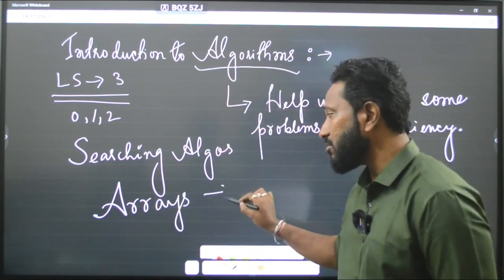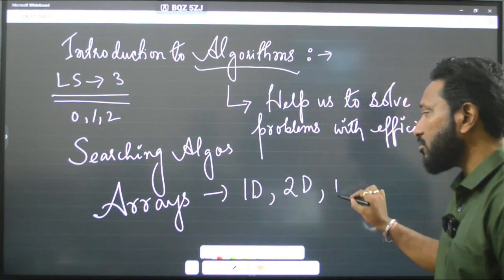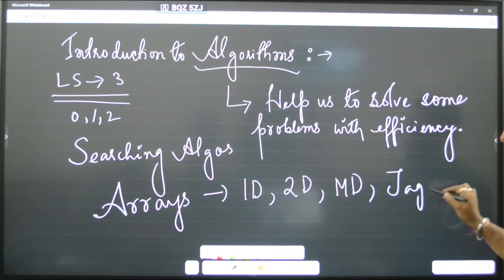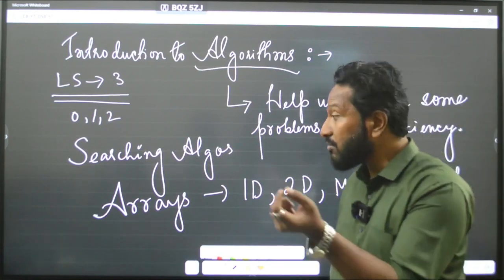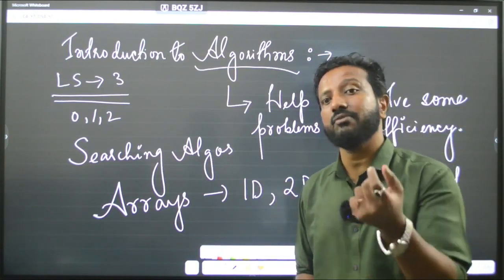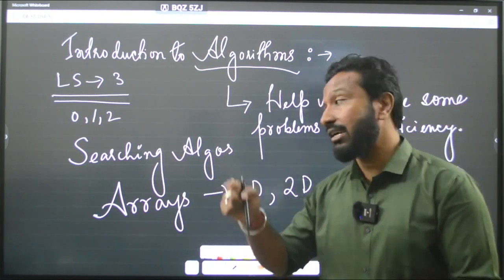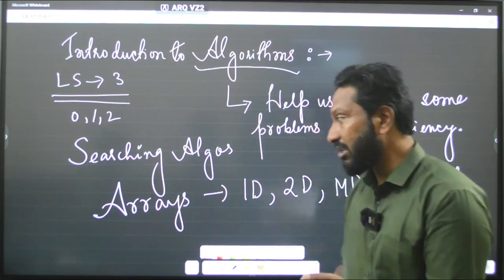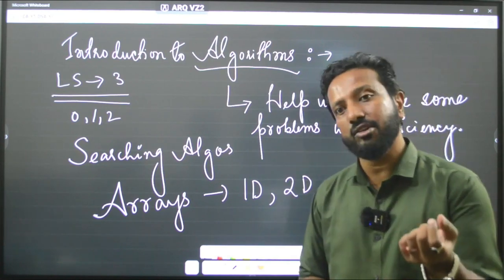We had talked about 1D arrays, 2D arrays, multi-dimensional arrays, and especially the jagged ones. Anybody who has come today for the live session for the first time, all the recorded sessions are there on our YouTube channel in a proper playlist. You can go there and check that. Don't worry about that, everything is given there. And any single doubt, silly doubt, make sure you ask them.